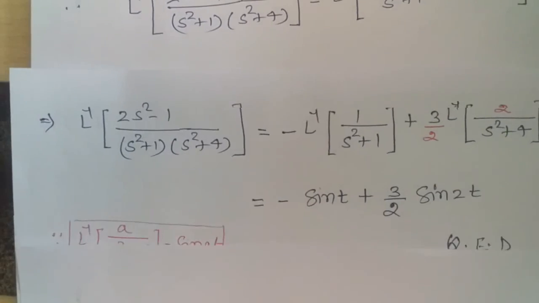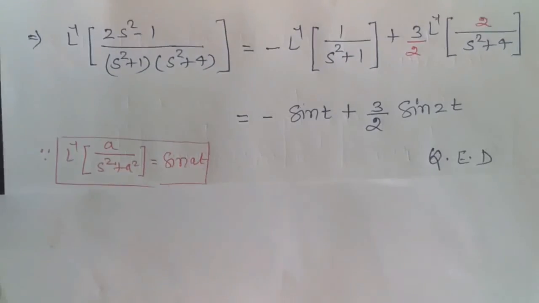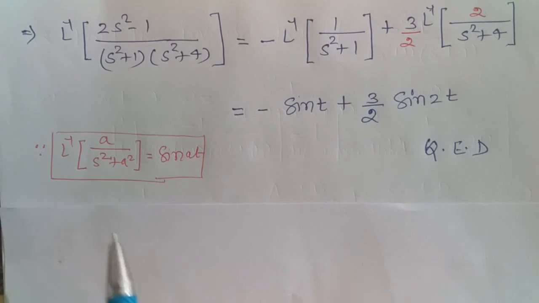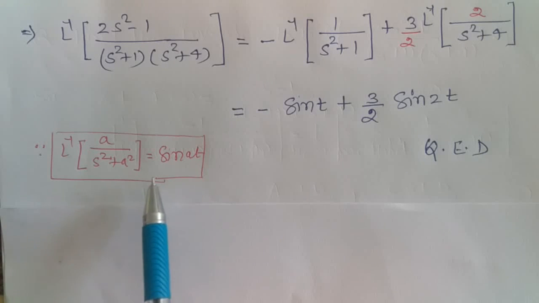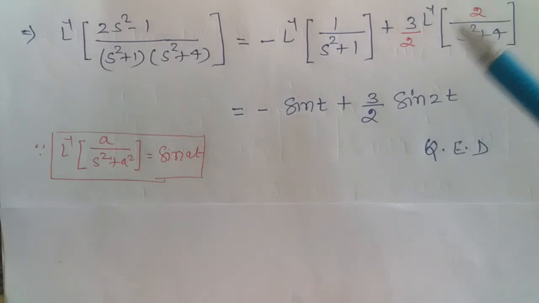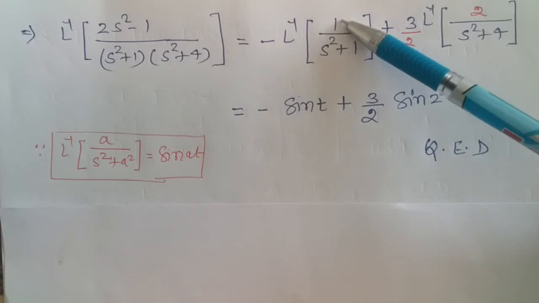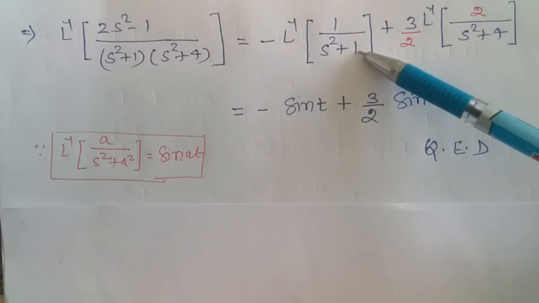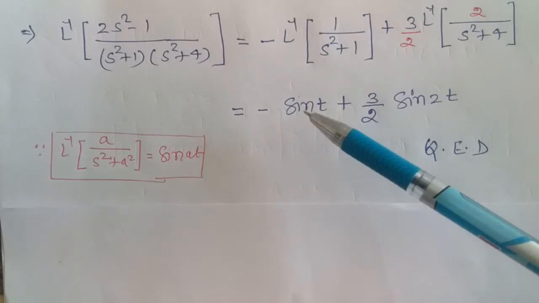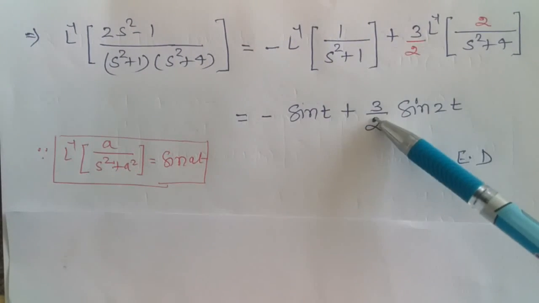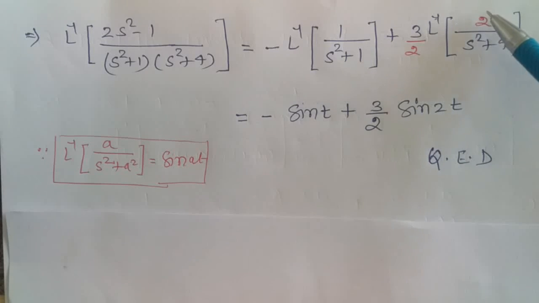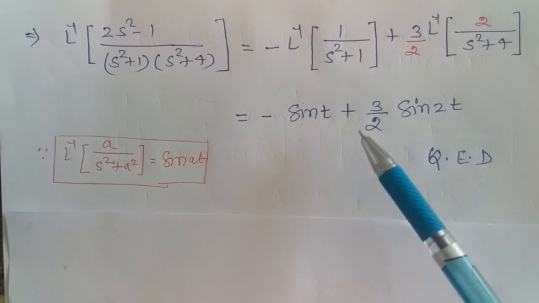Now as we know, the inverse Laplace transform of a upon s square plus a square is sin at. Therefore the inverse Laplace transform of 1 upon s square plus 1 square is sin 1t. So we get minus sin t plus 3 by 2 inverse Laplace transform of 2 upon s square plus 2 square, which is sin 2t.